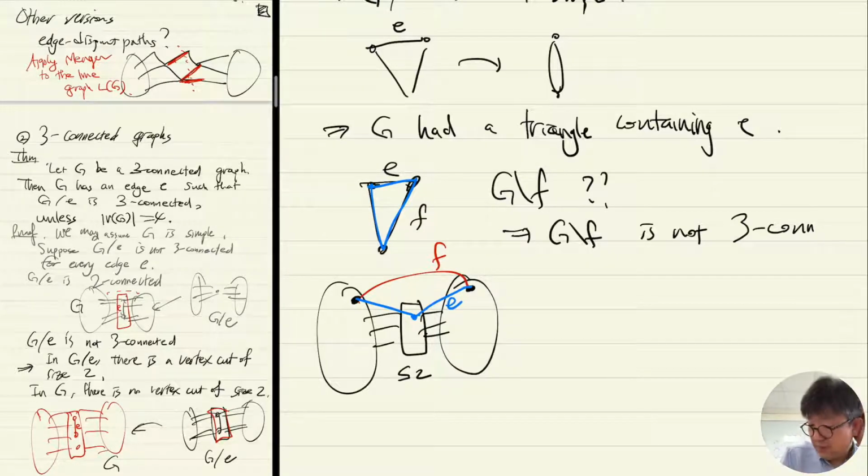Okay, so then what does that mean? That means I can find this vertex.